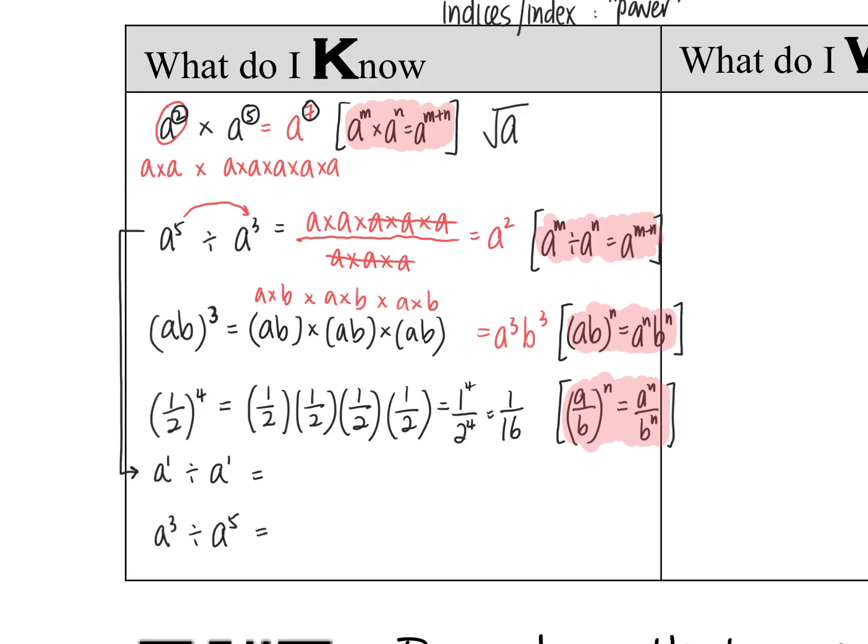So it ends up being a to the power of what? 0. But you also know that when I have a over a, they cancel one another out and you have 1. So the next rule, although it's not very obvious, tells you that if you raise anything to power 0, it's equivalent to 1. Okay, so that's rule number 5.